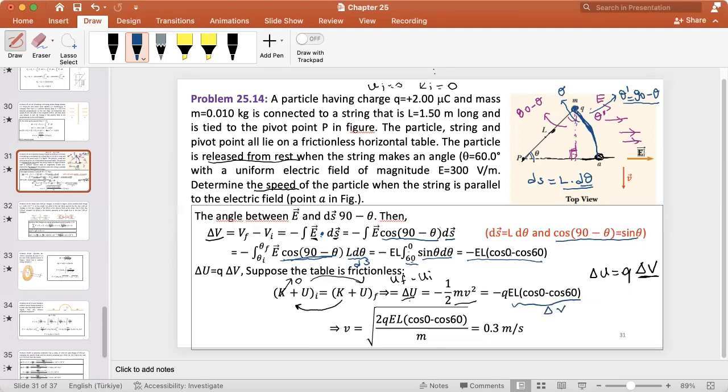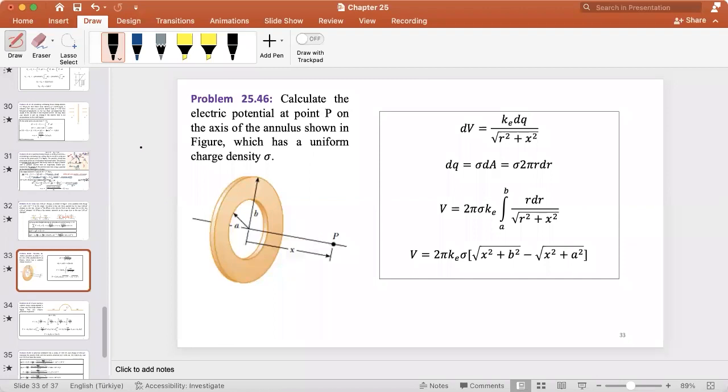This is delta V. Q delta U equals Q delta V. If you put in all the information, finally we can calculate the velocity. Your velocity is 0.3 meters per second.